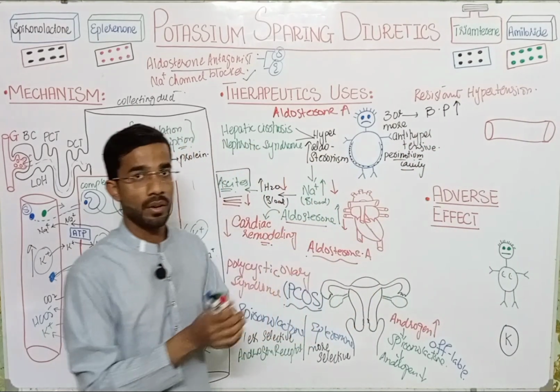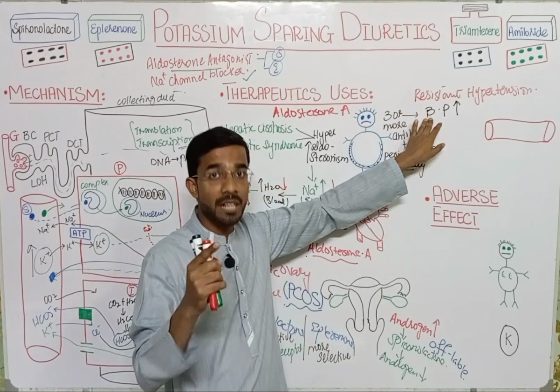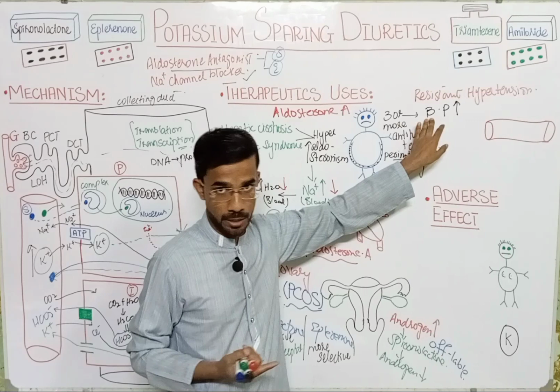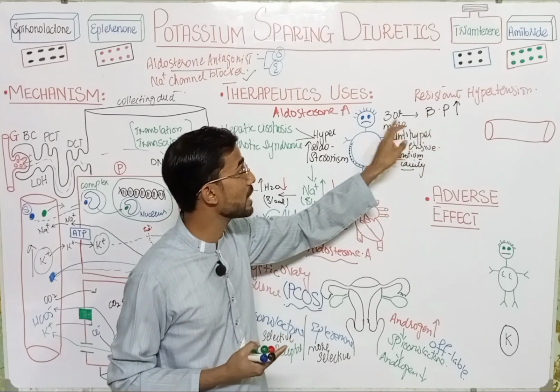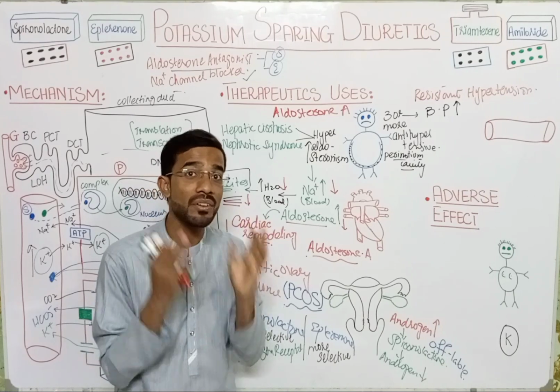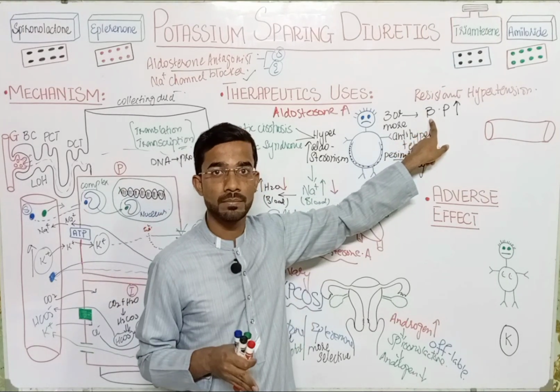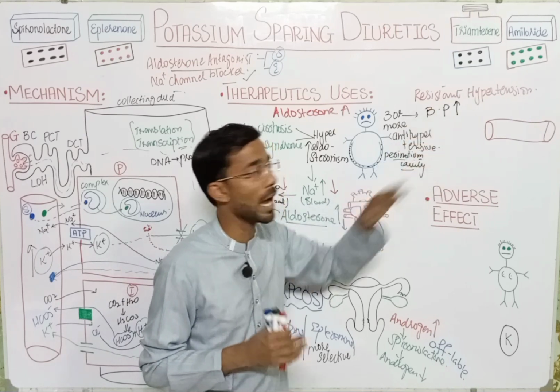So what is meant by resistant hypertension? It is hypertension, or high blood pressure, in which we take 3 or more anti-hypertensive drugs, but even with their usage, the blood pressure does not become normalized.